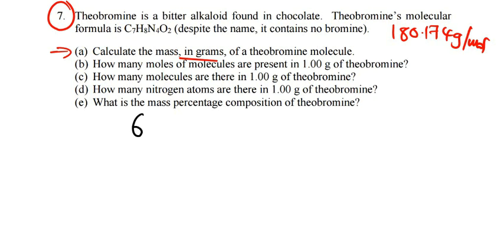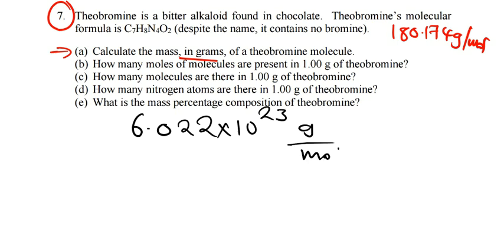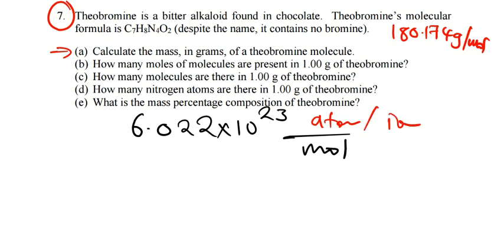Avogadro's constant is 6.022 times 10 to the power 23, not grams per mole, it's whatever you're dealing with per mole. It can be atoms, it can be ions, it can be molecules.